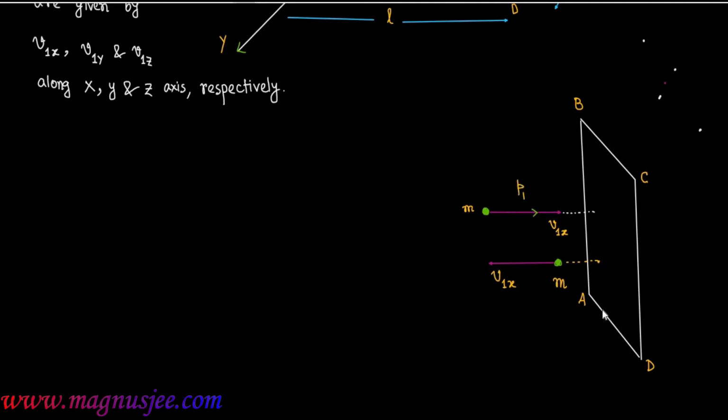The first gas molecule undergoes an elastic collision with an initial linear momentum p1x initial prime as m v1x, and it undergoes elastic collision with the vertical wall ABCD, and it will be reflected with the final linear momentum p1x final prime.